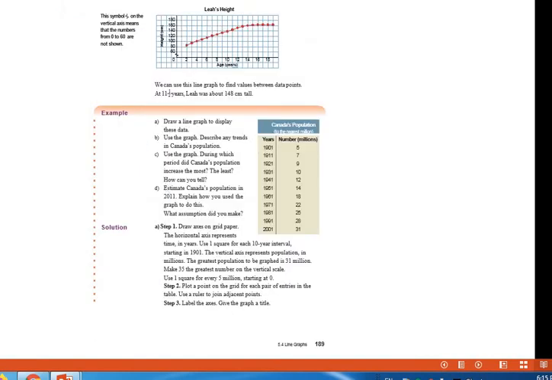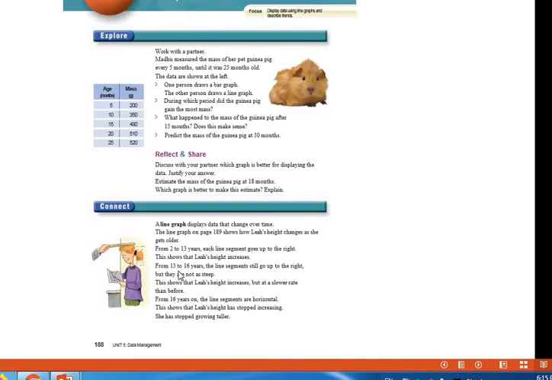Page 189 here, yes. Okay, I will show you now in the other page. Okay, this represents what? Again, to focus, I have a line graph. The line graph is most used to display data that changes over time.